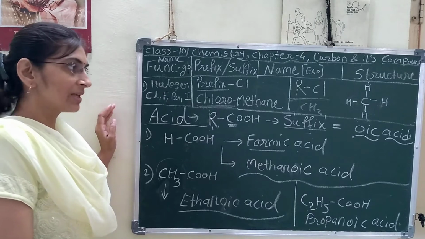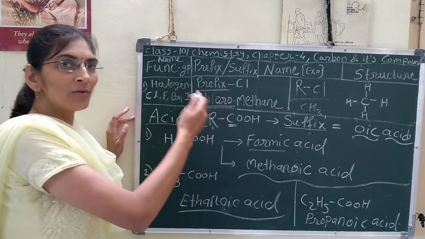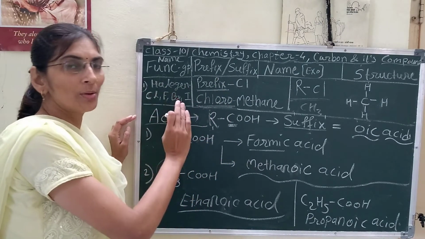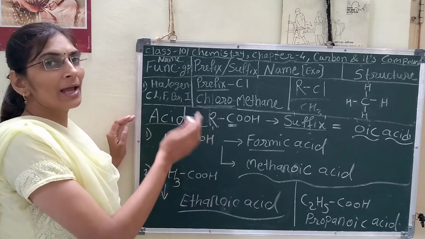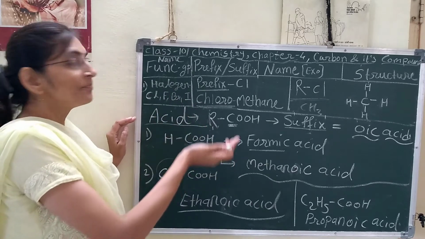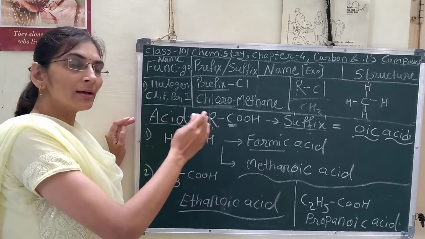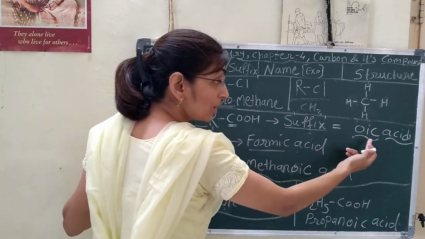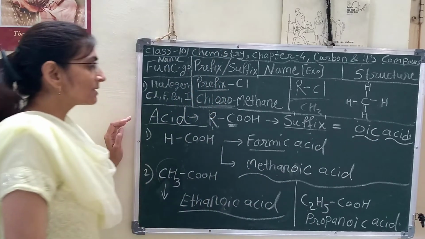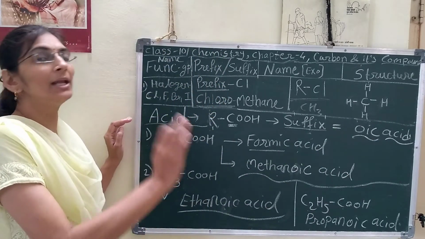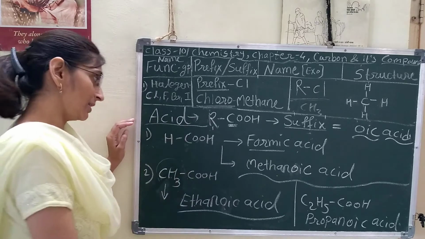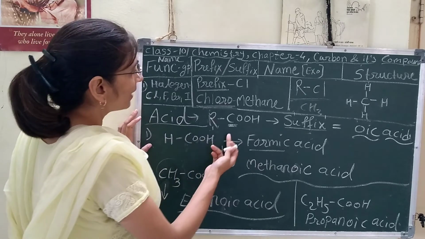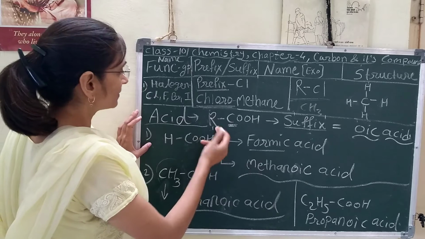In alcohol the suffix was OL, in aldehyde AL, in ketone ONE, and here for acid OIC acid. For ester ATE will be the suffix, that we will see.